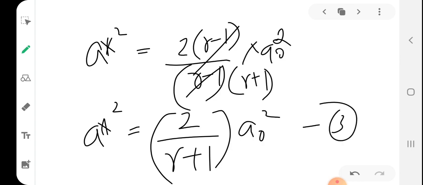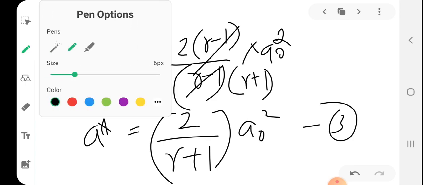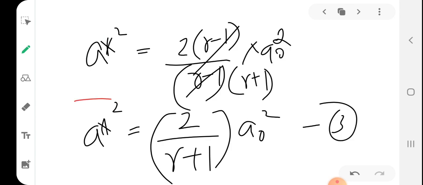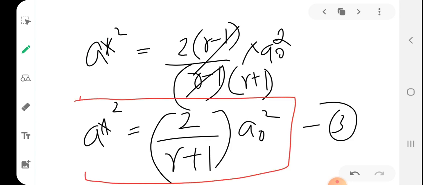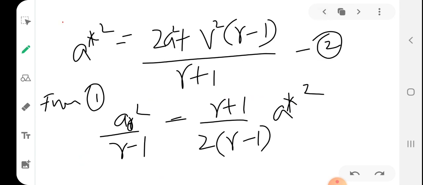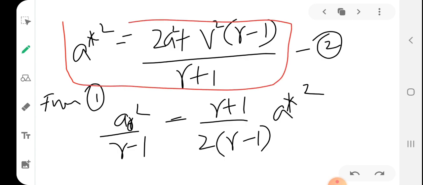So you have got two types of expression for a star. The first one is a star in terms of a0. Another is a star in terms of a and V. So the critical value of speed of sound is written in two different forms.